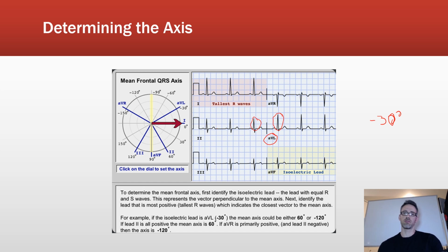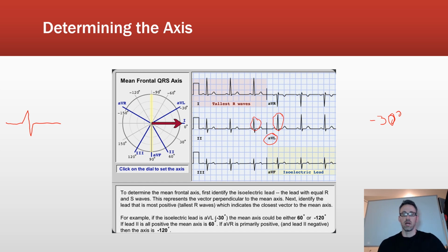And if you recall from my last video, I said that there's a type of waveform that looks like this. I'm going to draw it over here, where the upright deflection and the downward deflection are about equal in amplitude. And I refer to that as the biphasic wave.